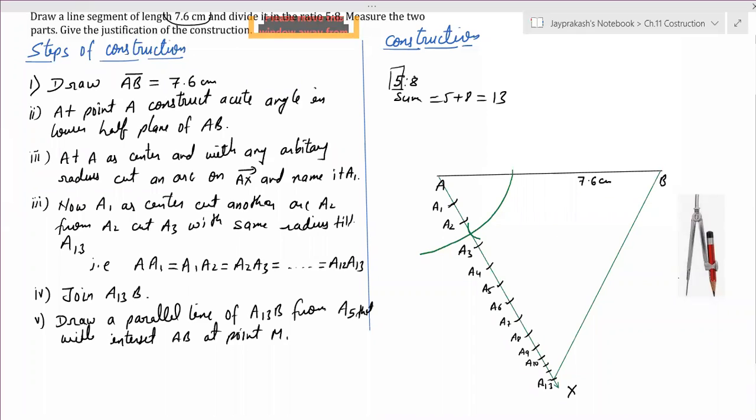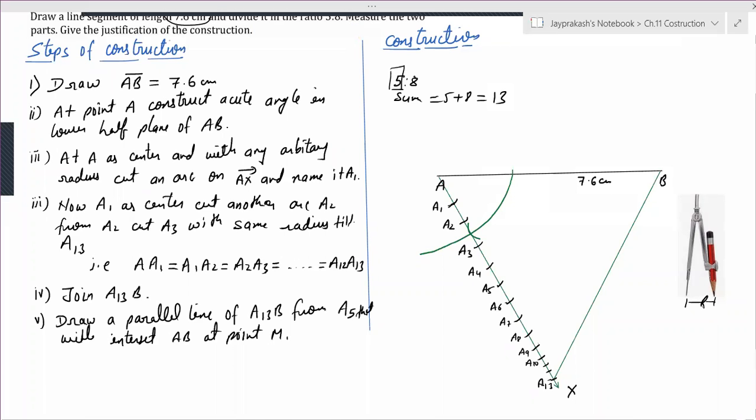Now open your compass with any radius. Open the compass to whatever radius you want. With any radius, take A13 as a center. Place the needle on A13. With a suitable radius, cut an arc on these two lines.